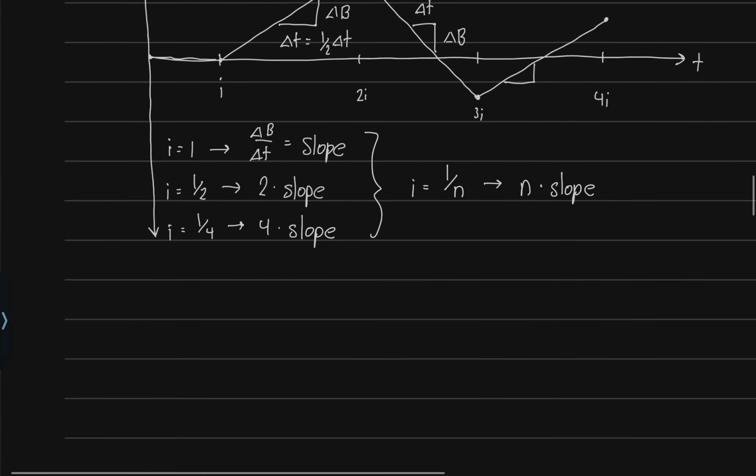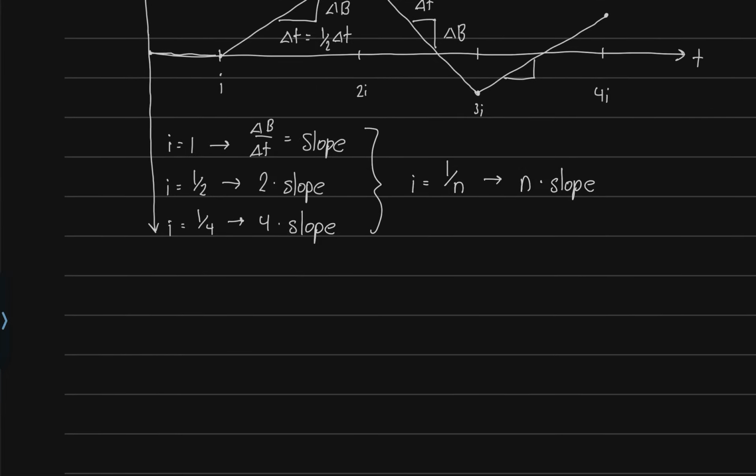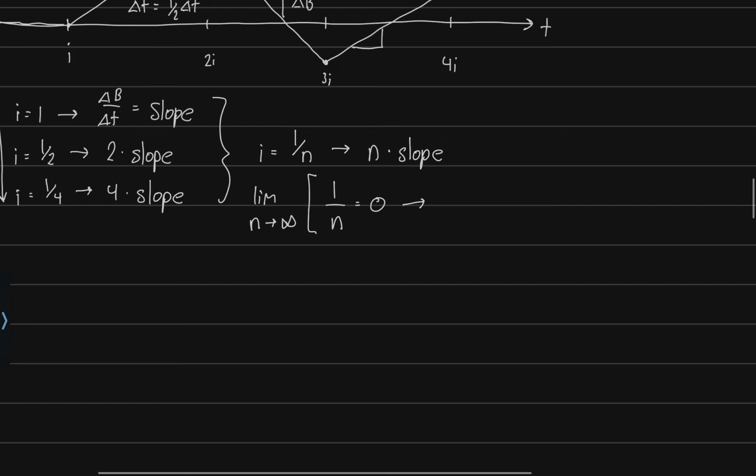Now, what if I take the limit as n goes to infinity of 1 over n? Well, that would essentially mean that we have 0. But what does that imply? That means our n times slope would approach infinity.